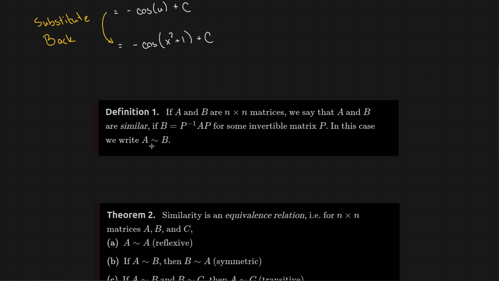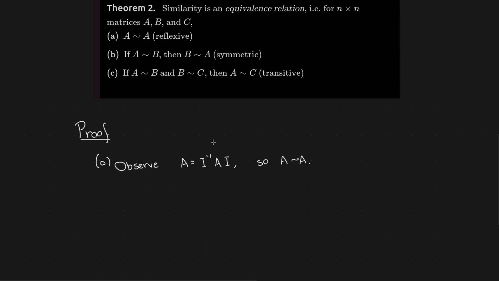A is similar to B if B can be written in the form of the inverse of some matrix times A times the original matrix. Doesn't matter what these matrices are as long as it's invertible. So that's what I did here. I said A is equal to the inverse of some matrix times A times the original matrix. That means that A is similar to A, if I can write it in this form. Okay?